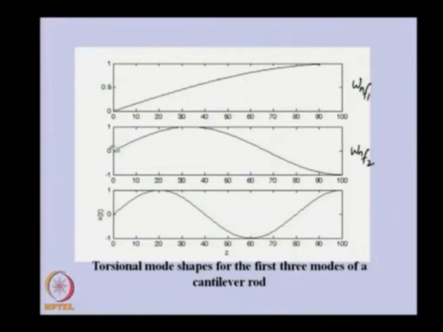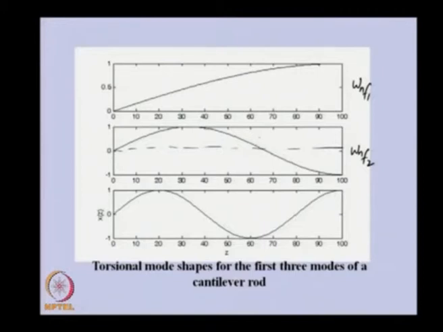This is the fixed end. Maximum is taking place here and here also, here plus and here minus 1. This we have normalized because this is a relative displacement. So, the maximum we are taking as 1, but here you can see that if we draw the 0 line, there is one place where the shaft displacement is 0, and either side of this particular shaft has opposite angular displacements.